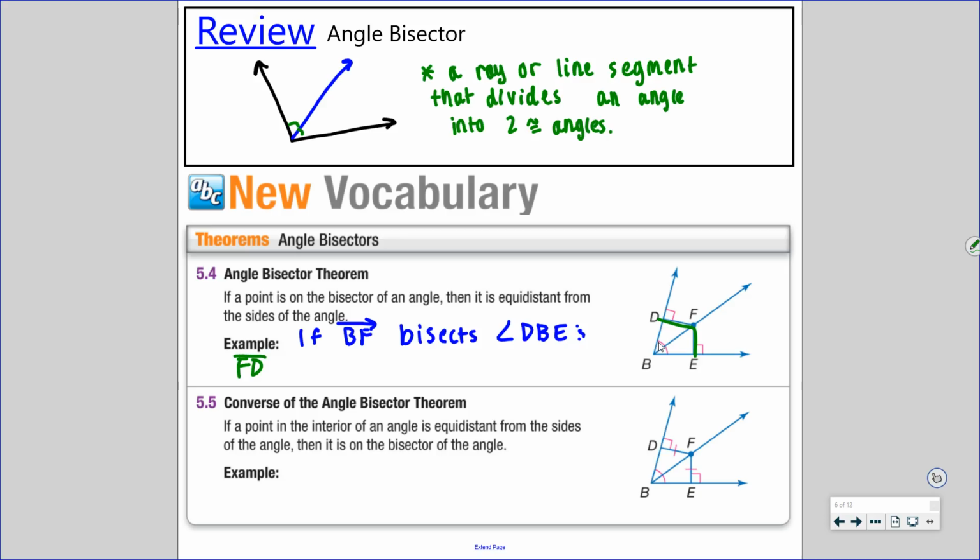If FD is perpendicular to both sides of the angle, BD, and FE is perpendicular to ray BE. Okay, that's kind of your hypothesis. If it splits the angle in half, and if we're looking at the shortest distances from each side, then those distances are going to be the same. Then FD is going to equal FE.